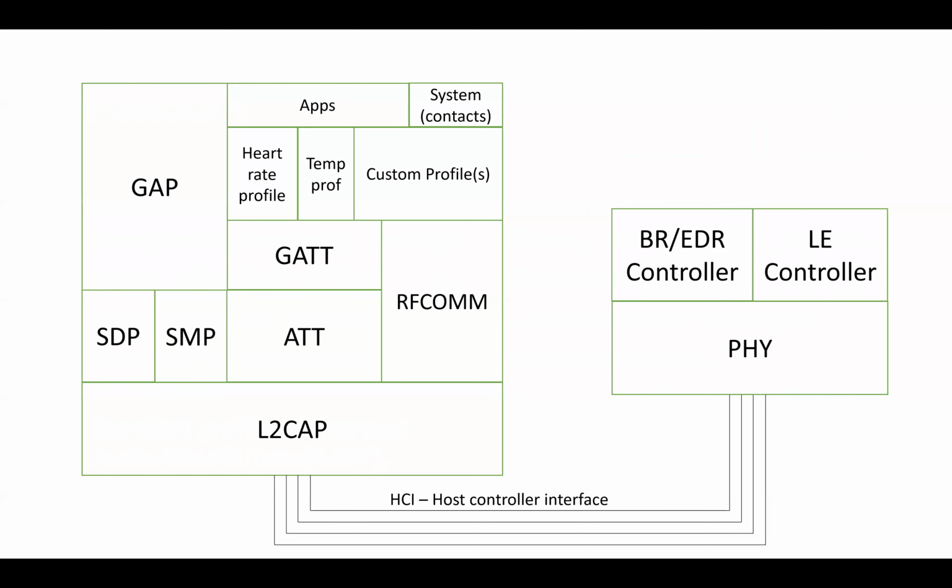Bluetooth is, I think, one of the few protocols that has been spec'd all the way from the physical layer, literally how the antenna needs to vibrate, up to the application layer, so how people need to write apps on the phones to talk to a Bluetooth device. There's literally a spec for each of these.